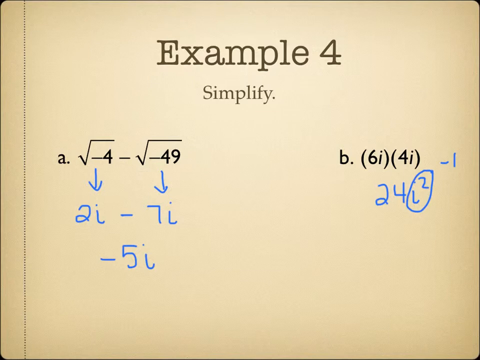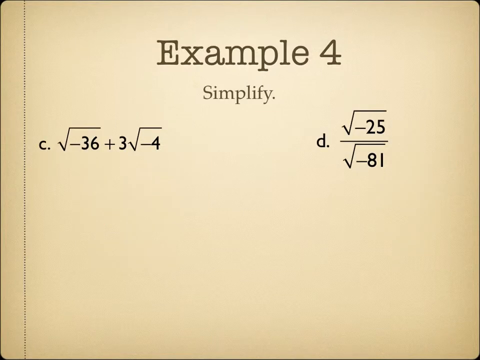Thank you, -24. So when you have a number with an i squared on it, that number is really just going to turn negative because it's being multiplied by -1. So if I had 5i squared in my problem somewhere, that would really be a -5. If I had 12i squared, that would really be a -12.